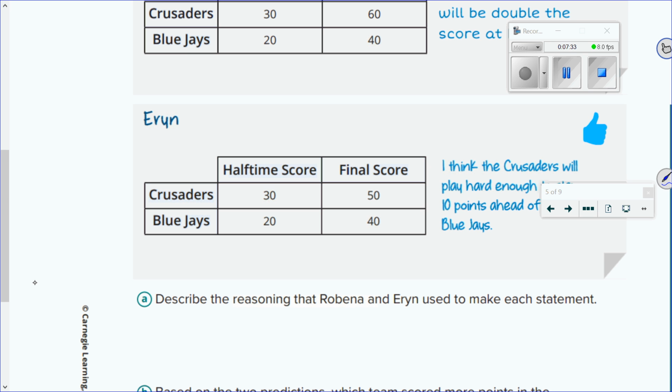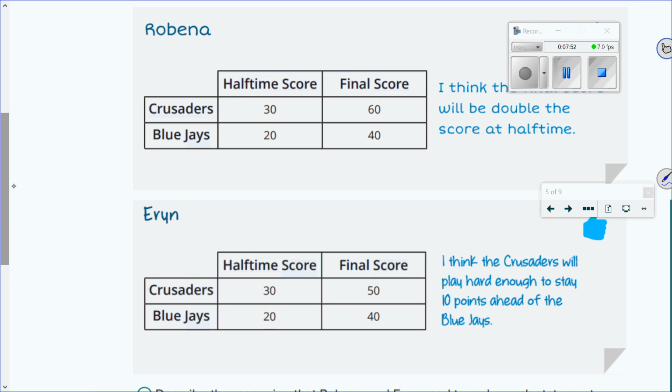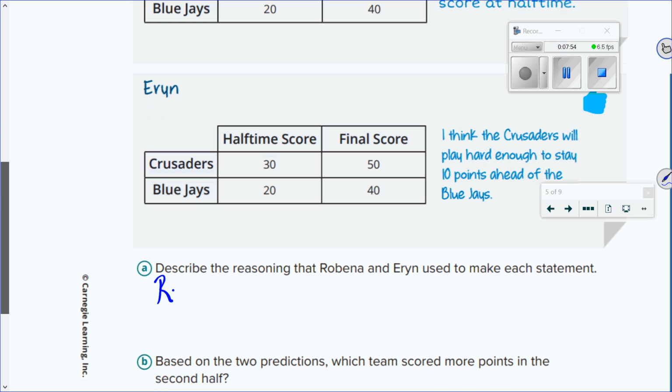Additive. Why additive? For Aaron? No, this is the 60-40 score, not Aaron's score. Why multiplicative? Because you're multiplying them both by 2. So I just multiplied them both by 2. So we're saying that Robina was using multiplicative reasoning.